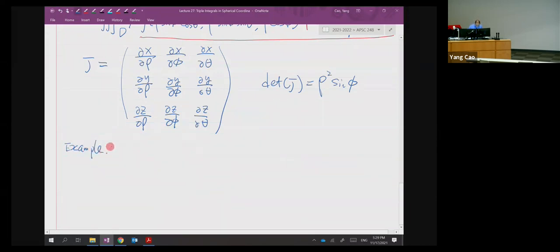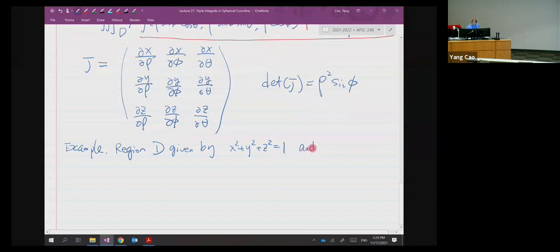Okay, so first of all, let's consider that we have a region given by two surfaces. One surface is x squared plus y squared plus z squared equal to 1.